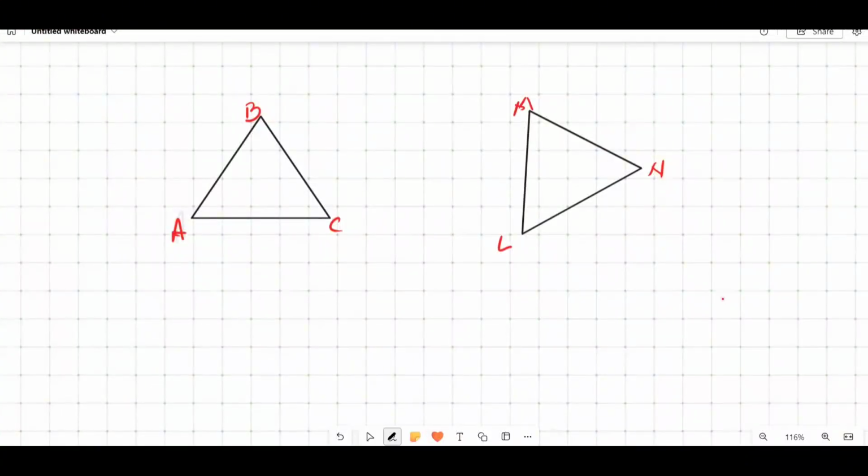So what we're looking at today is triangle congruence. We're going to be looking at four postulates right now that will help us to decide when triangles are congruent. On screen, we have triangle ABC and triangle LMN.